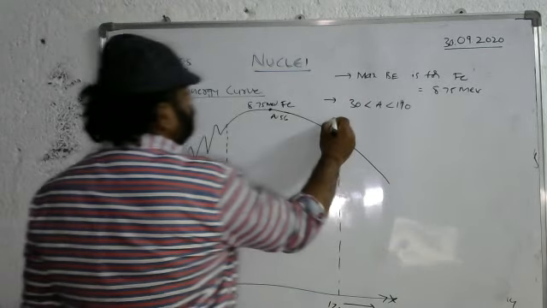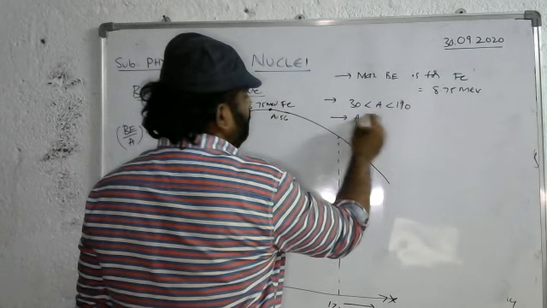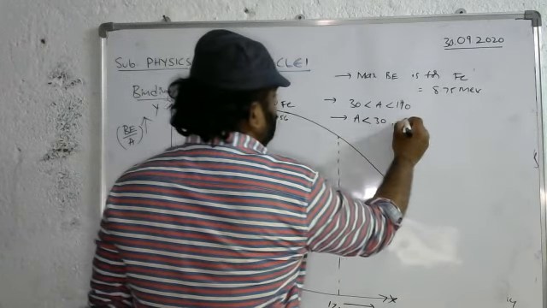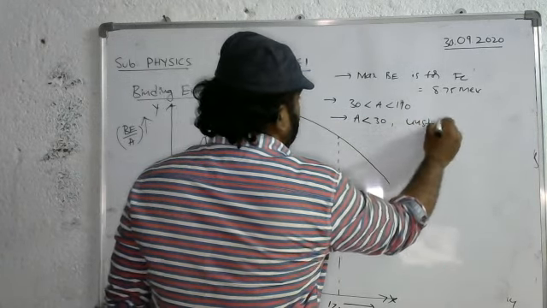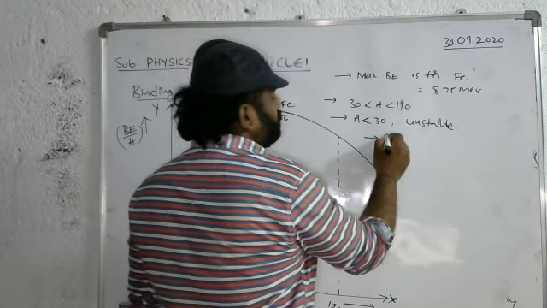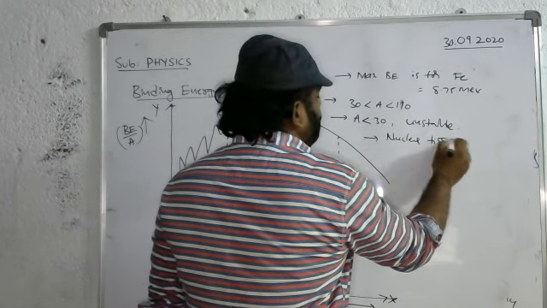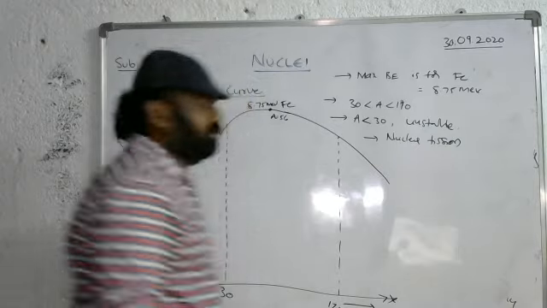Those with mass number less than 30 are unstable. They can get stability by the process of nuclear fusion.